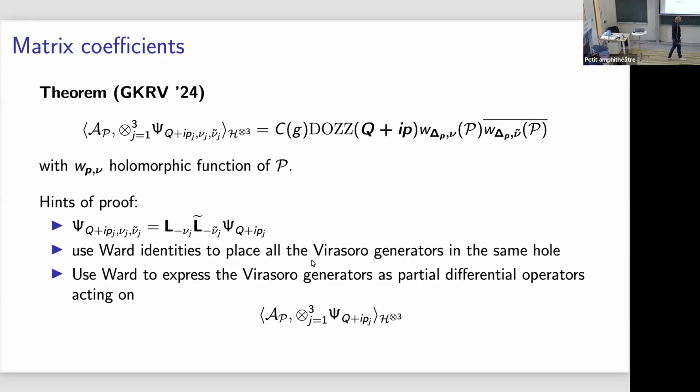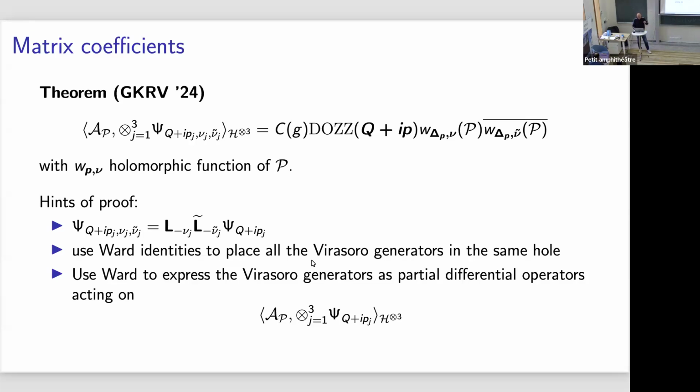When you have descendants only in 2 holes, you can play with Ward again to push everybody into the last hole. Then, with all the L_n's in the last hole, Ward tells you that having descendants in one hole amounts to applying differential operators to the structure constants. It's not quite a simple story, but I think it's the same for everybody.